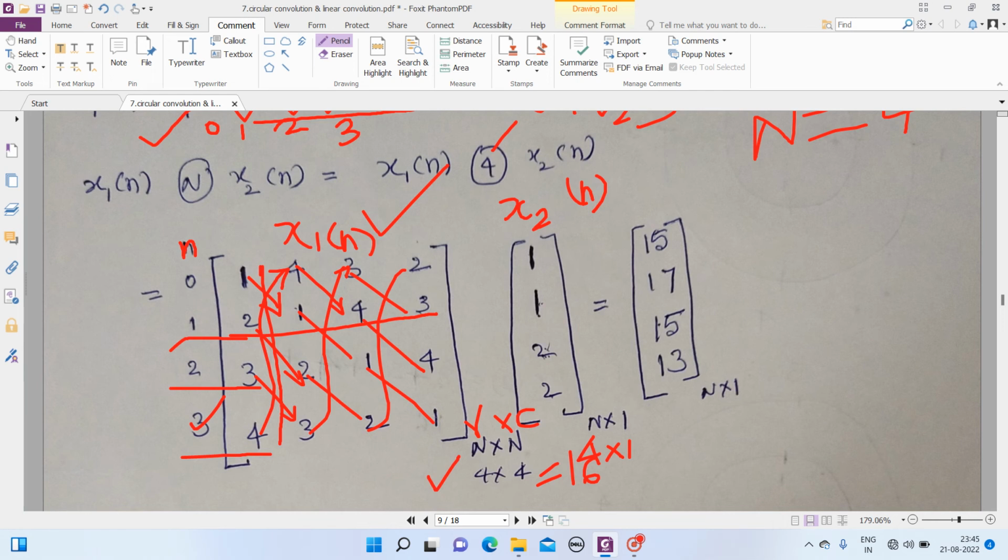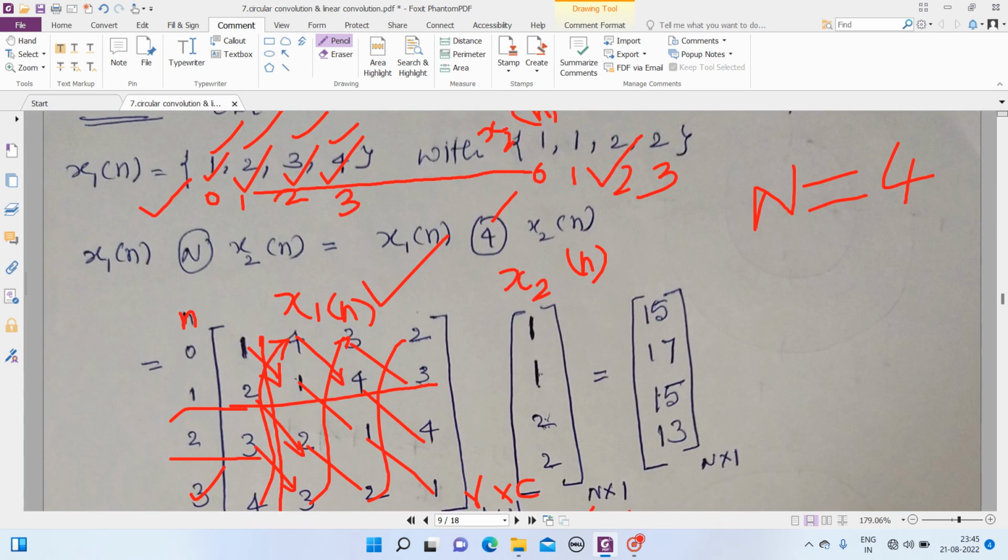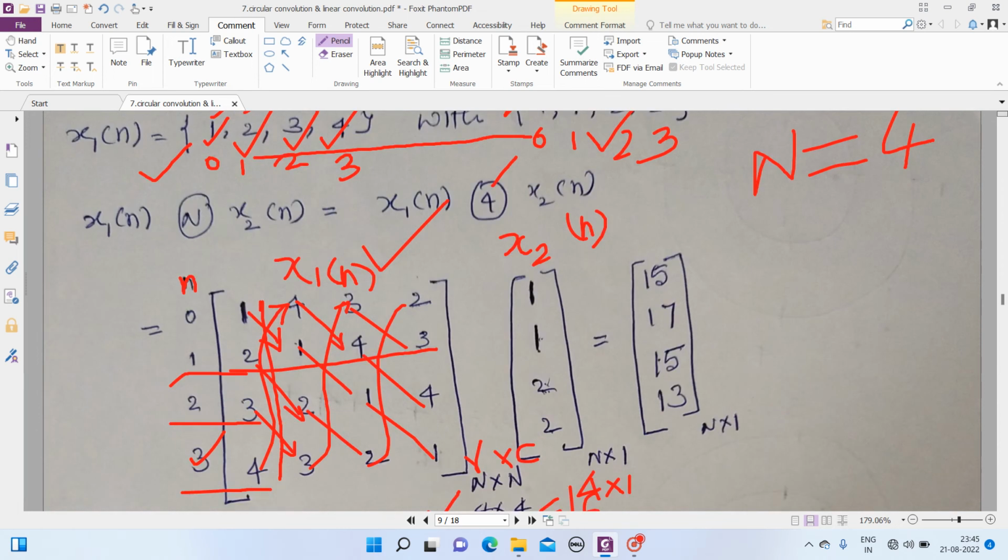So here I have taken x1 as the matrix. You may get the doubt: ma'am, shall I take x2 as the matrix like this? Yes, you can also take that sequence as a 4 by 4 matrix. There is no particular rule. You can take either sequence as a 4 by 4 matrix. Here I have taken x1 of n as a 4 by 4 matrix and x2 of n as a 4 by 1 matrix, written column wise.